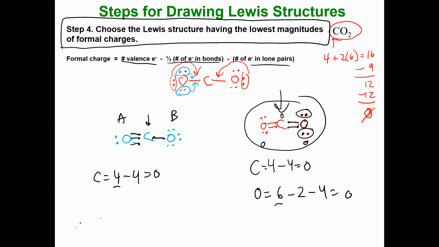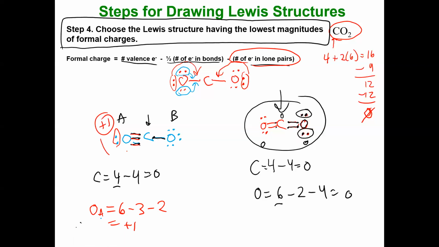And now I'm going to use a different color to show this. If I look at oxygen A and I try to determine the formal charge, 6 valence electrons. Okay, how many bonds? 1, 2, 3. Minus 3 bonds. How many electrons in lone pairs? 1, 2, minus 2. 6 minus 5, that's a plus 1.